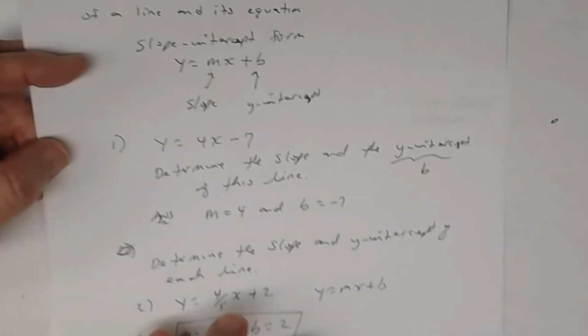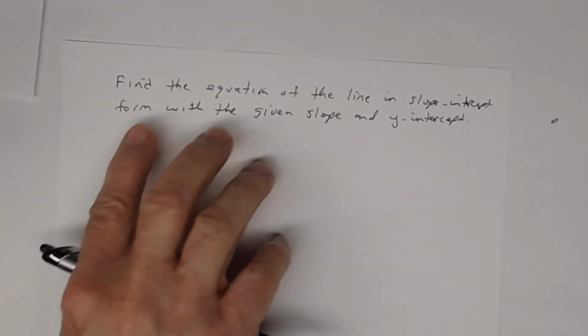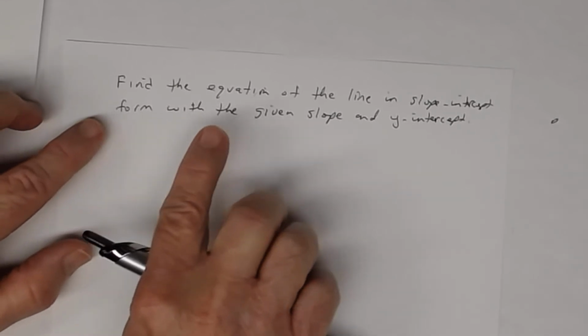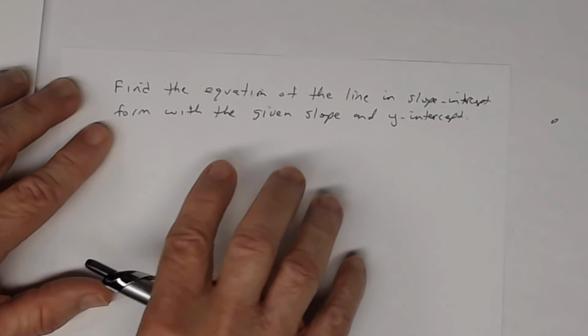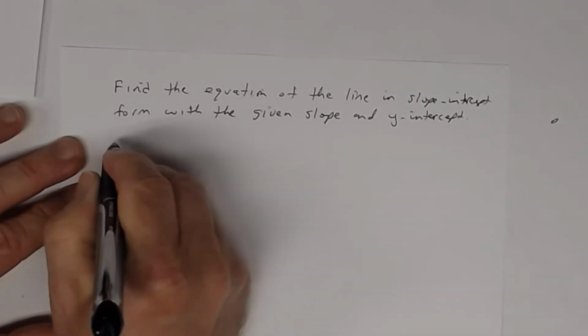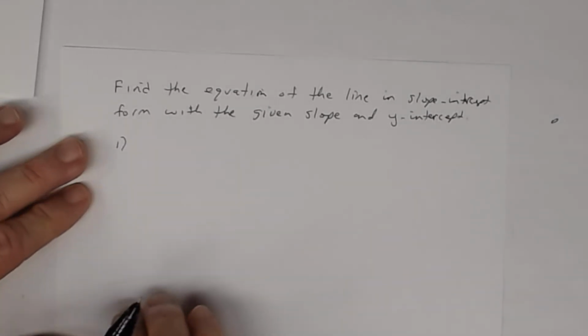Now the directions here are different than the previous one. This one says find the equation of a line, and you want to write that line in slope-intercept form with the given slope and y-intercept. So here's number 1 for this set of directions.